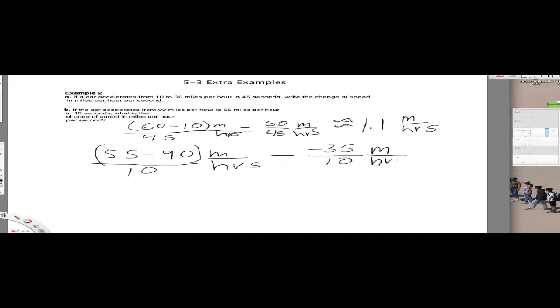And I can simplify this just in terms of decimal form to make it a negative 3.5 miles per hour per second. We could also describe this as a decrease of 3.5 miles per hour per second. So we've got the two results.